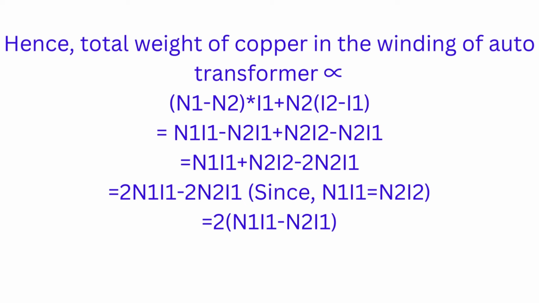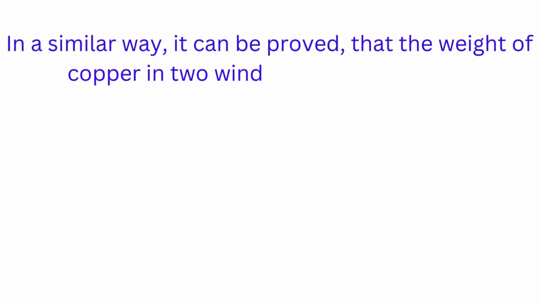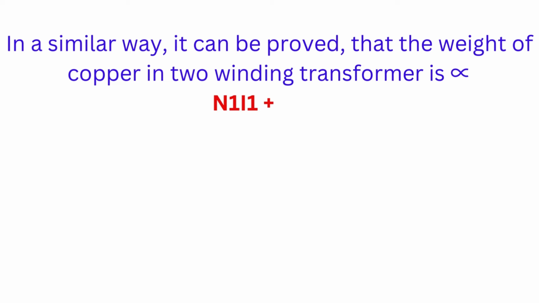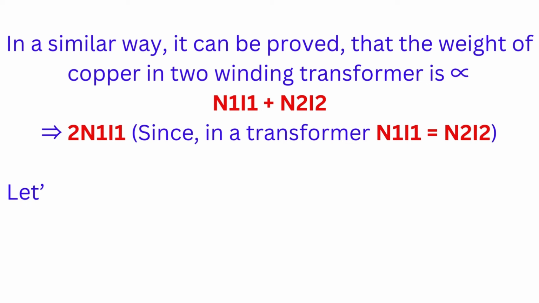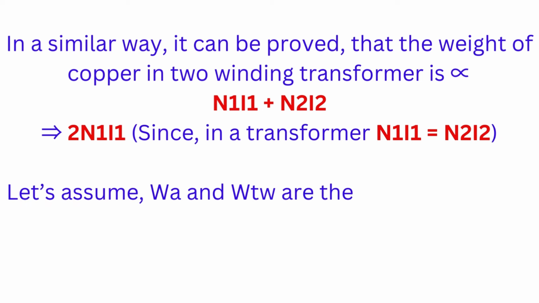In a similar way, it can be proved that the weight of copper in a two-winding transformer is proportional to N1 I1 plus N2 I2, equal to 2 N1 I1, since in a transformer N1 I1 equals N2 I2.